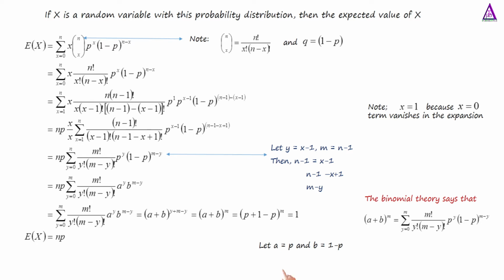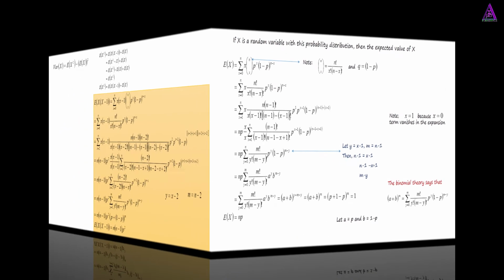And we say that a is our p, this plus is this, b is 1 minus p. And if you look at what is a, we can say that p cancel p, remain 1, and 1 raised to power anything is 1. So therefore, everything that is a is 1. Therefore, our expected value of the binomial distribution is now np.